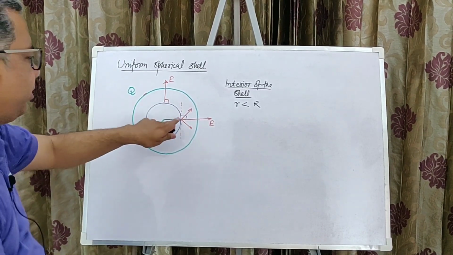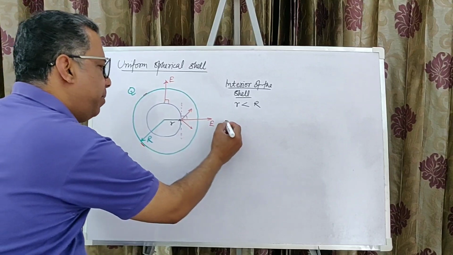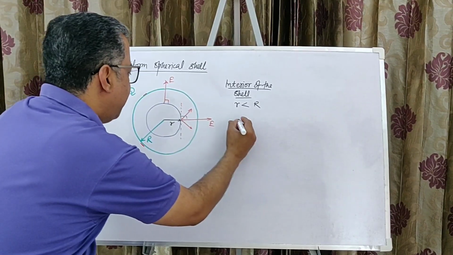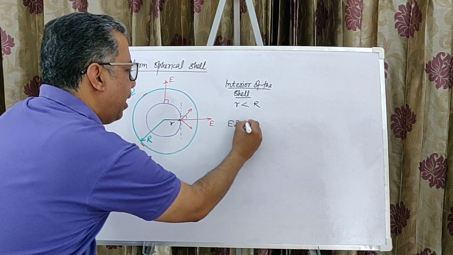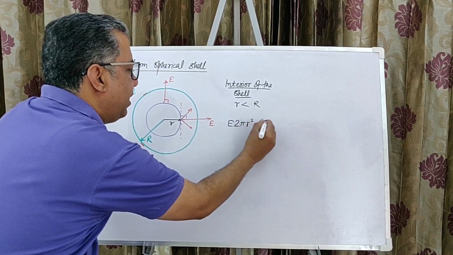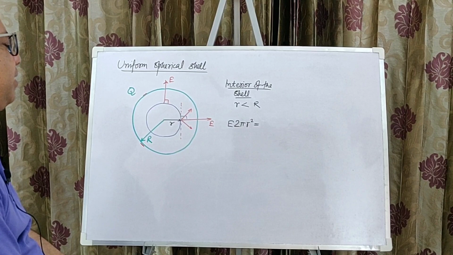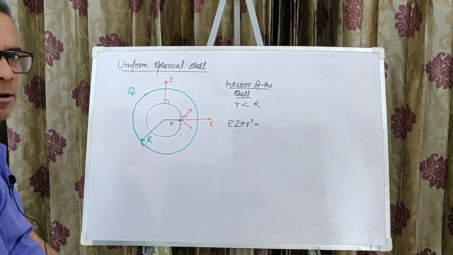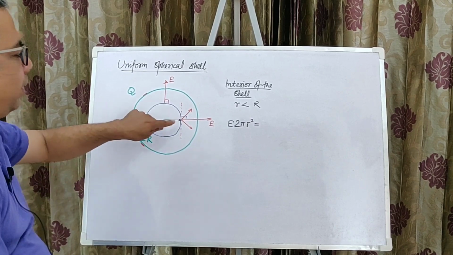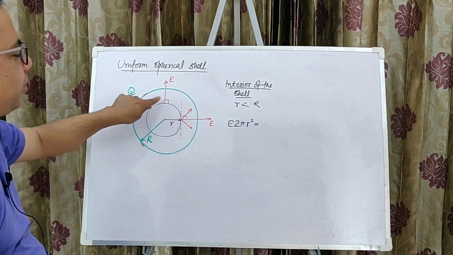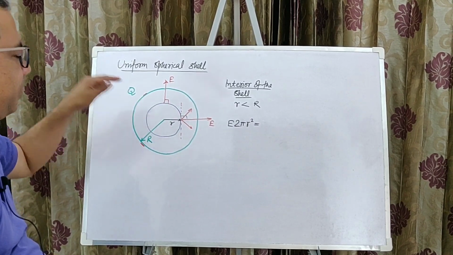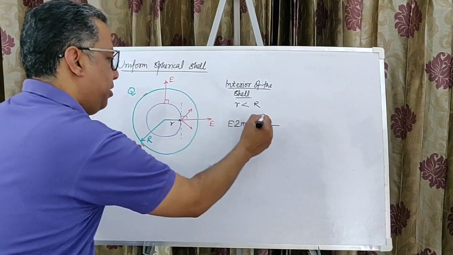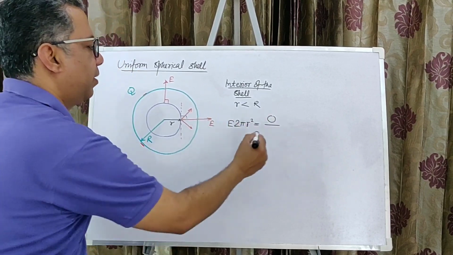Now, calculating flux over the surface becomes pretty easy. Electric field times the surface area. Surface area is 4 pi r square, and this flux equals the enclosed charge divided by epsilon naught. So the charge enclosed inside this Gaussian surface is essentially 0.